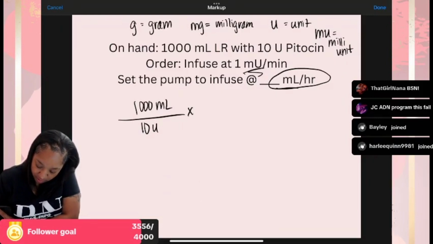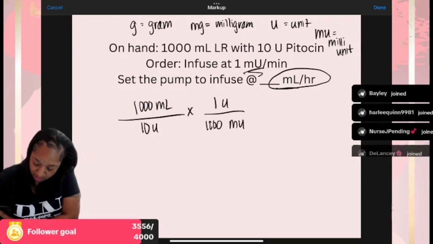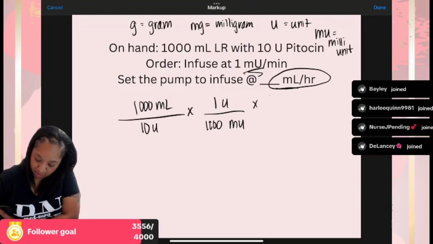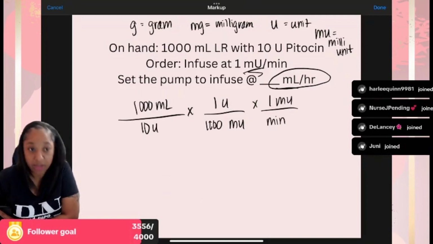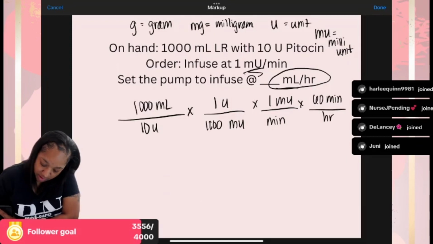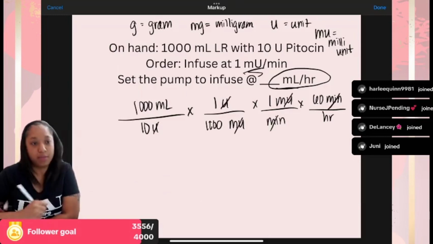So our units will be on top, and 1,000 milliunits at the bottom, okay? Boom. Then we have 1 milliunit at the top over a minute, but we have one more step to take because we need milliliters per hour. So we got 60 minutes over an hour. 10 units, milliunit, minute, boom.